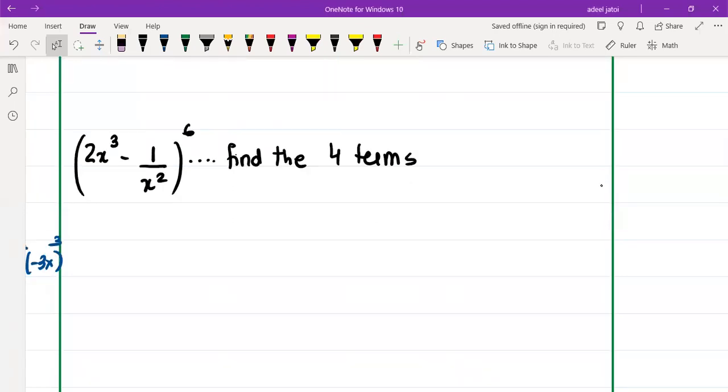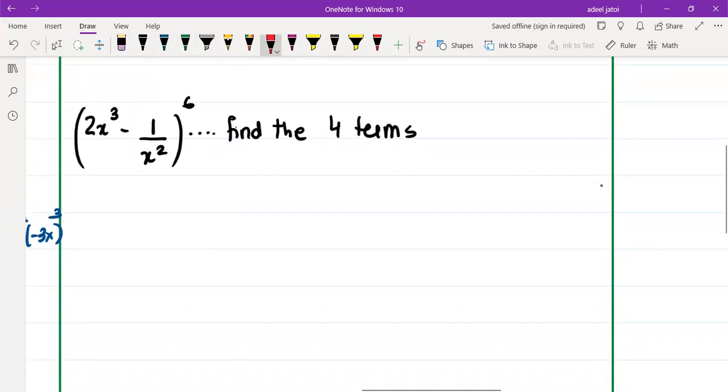So this is another question: (2x³ − 1/x²)^6. Find the first 4 terms. So let's just solve this.